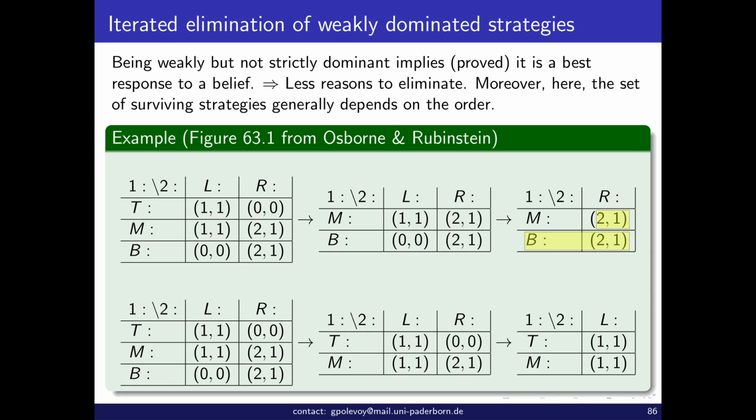And the other order is possible. For example, another possible order is to remove B, which is still weakly dominated by M, bottom, and then remove R, which is weakly dominated now by L. So we arrive with a completely different set of strategies, different pairs and all that.